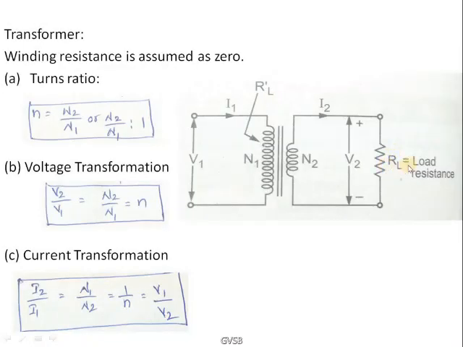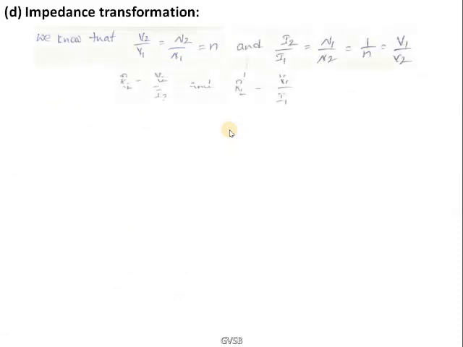From the Ohm's law, we know that R is equal to V by I. So we can say RL is equal to V2 divided by I2, and RL dash is equal to V1 divided by I1. Similarly, the same equations are given here. RL is equal to V2 by I2 and RL dash is equal to V1 by I1.